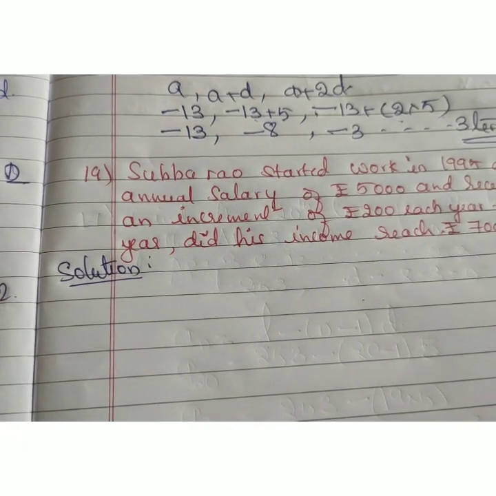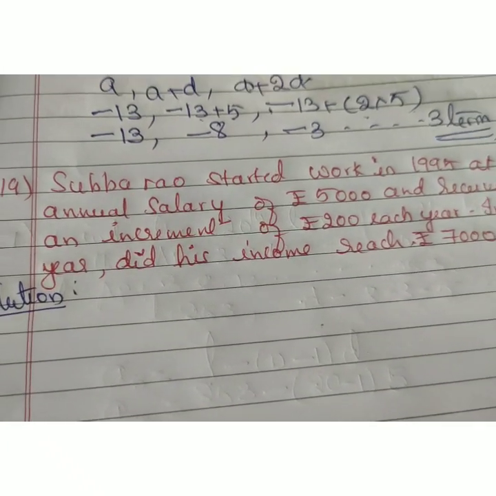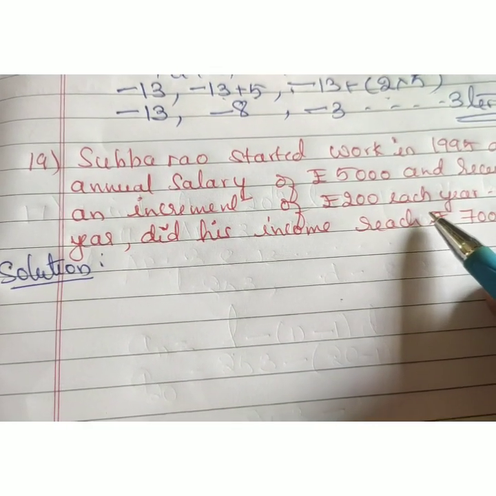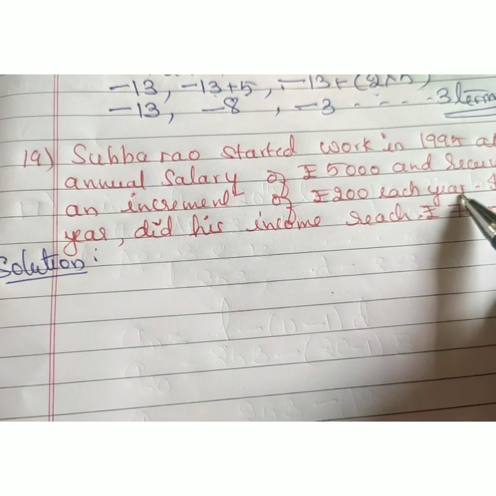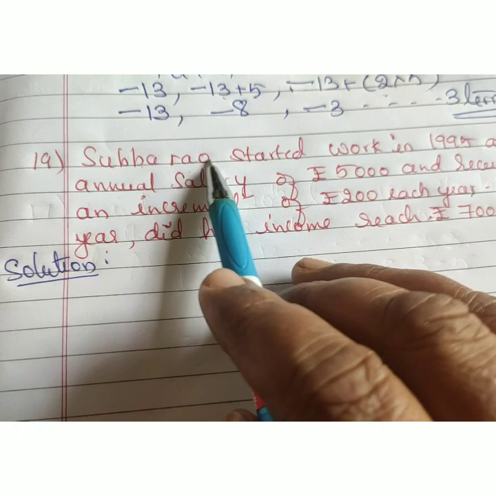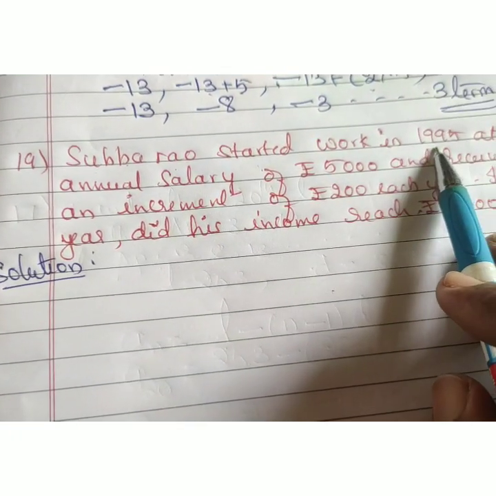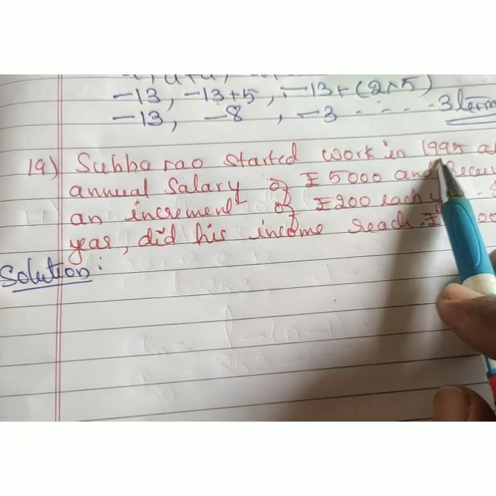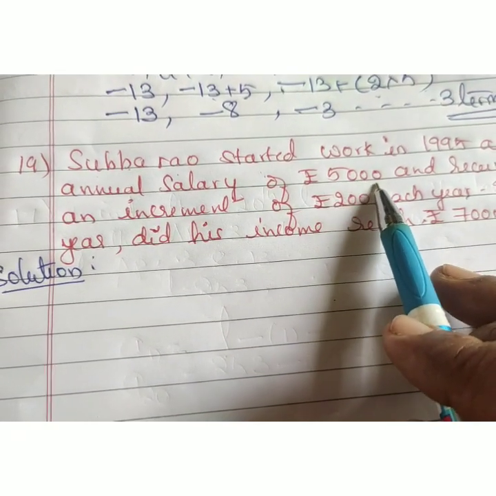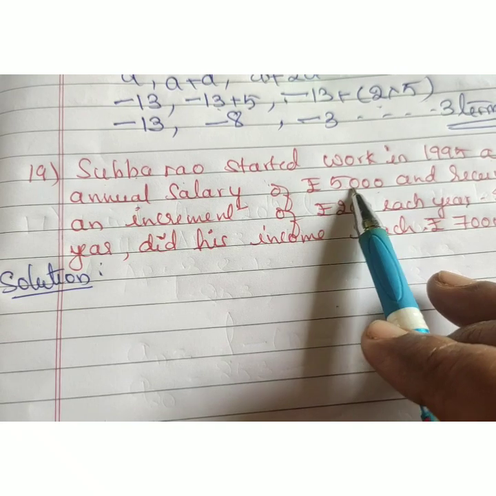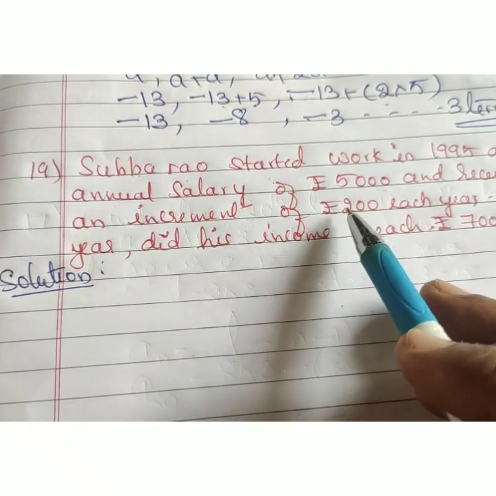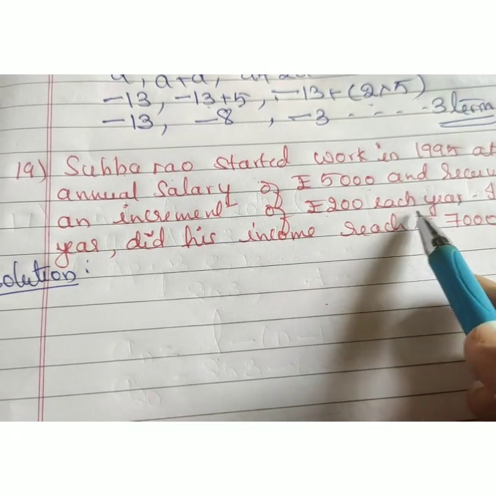Now our next 19th problem is an application problem. We are going to apply finding the nth term in this situation. Subbarao started work in 1995 at an annual salary of rupees 5,000, and received an increment of rupees 200 each year.